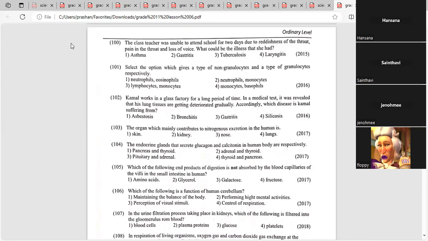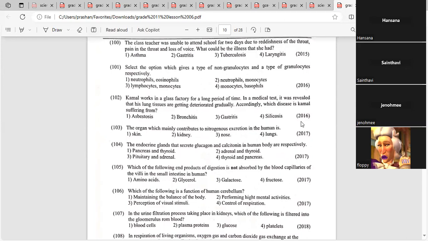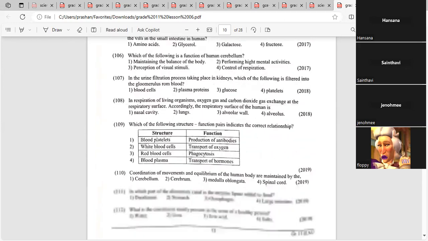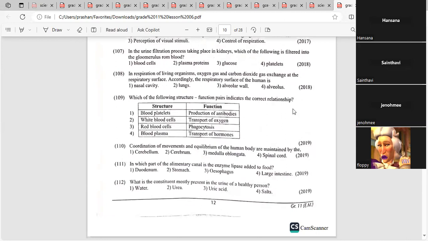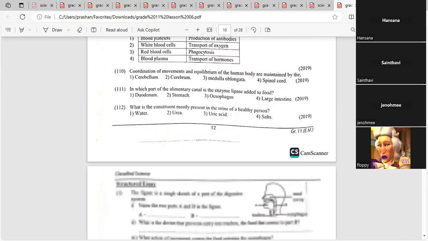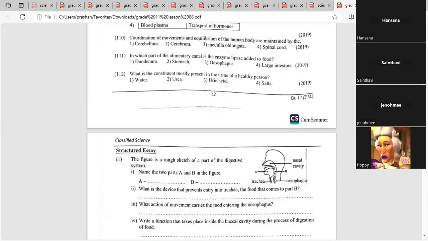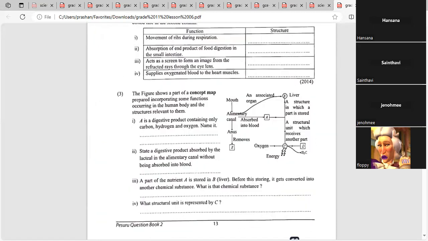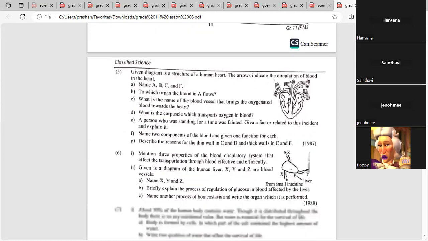In 2016, 2 MCQ. 2017, 4 MCQ questions from this lesson. 2018, 2 MCQ questions. 2019, 4 MCQ questions. Okay, how important this lesson is. And 2020 and 2021 also there are MCQ questions.